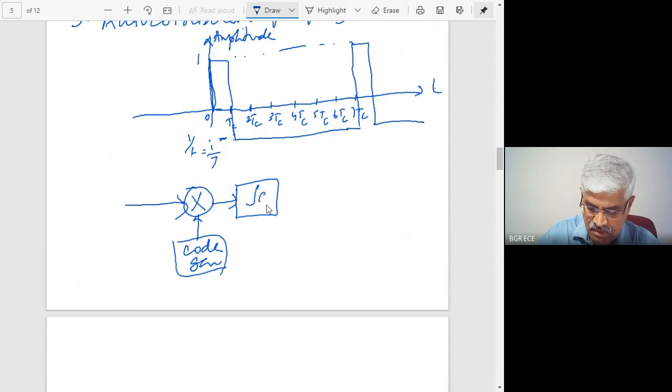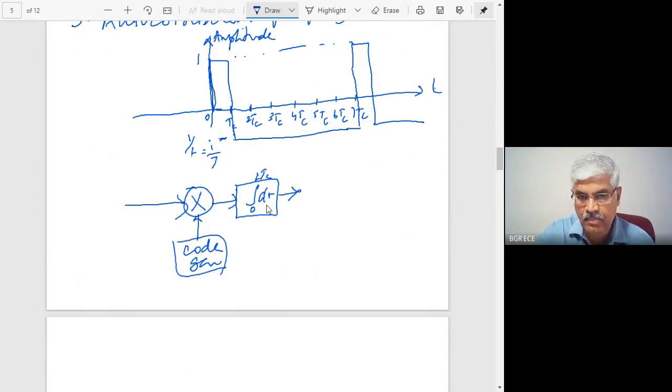This will be the output. So the spread signal enters here, and the receiver will generate one code and try to correlate with it. This will be integrated over a period from 0 to, let us say, LTC.